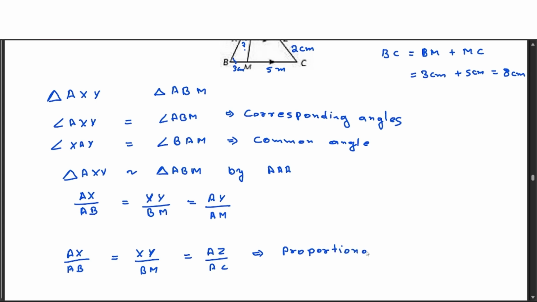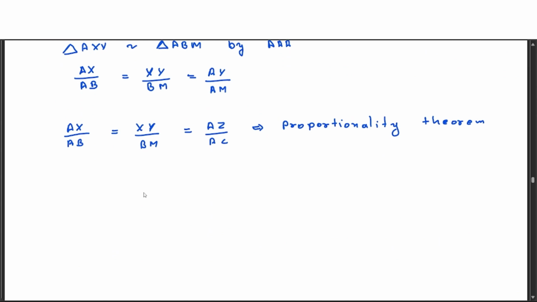Proportionality theorem. Okay, now after that we can take from this one, therefore XY over BM is equal to AG over AC. Okay, now we can substitute the values here. So we already know the values.